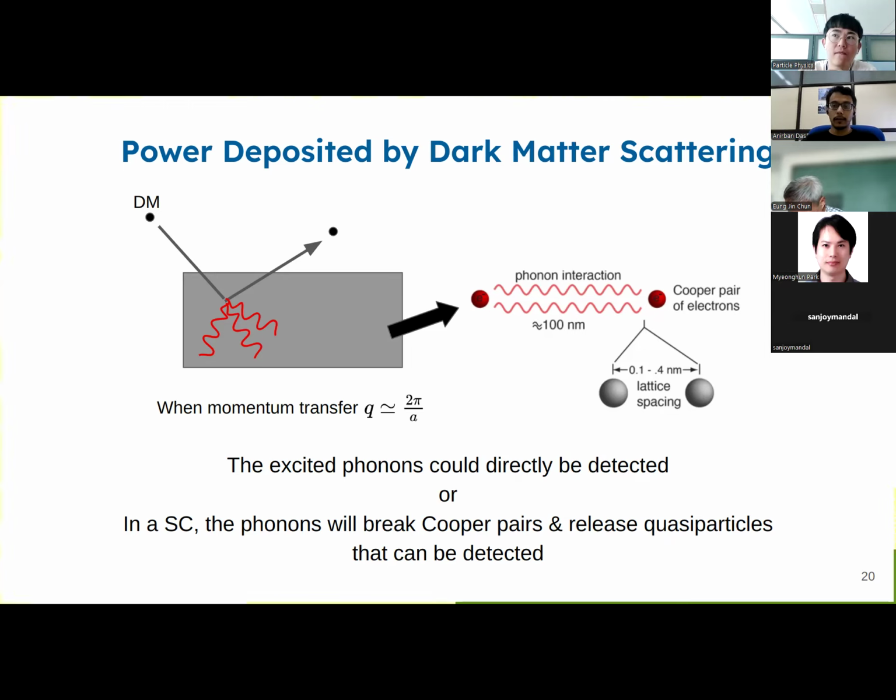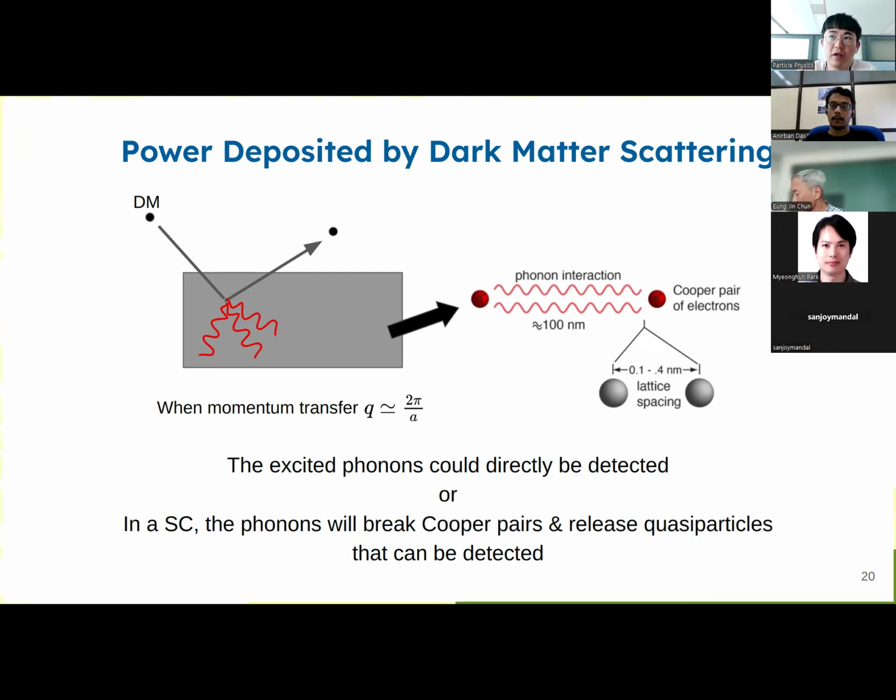And you can do that. That's totally fine. And that would be an additional signal on top of this. Even though we consider the electron scattering, still phonon interaction can be generated.